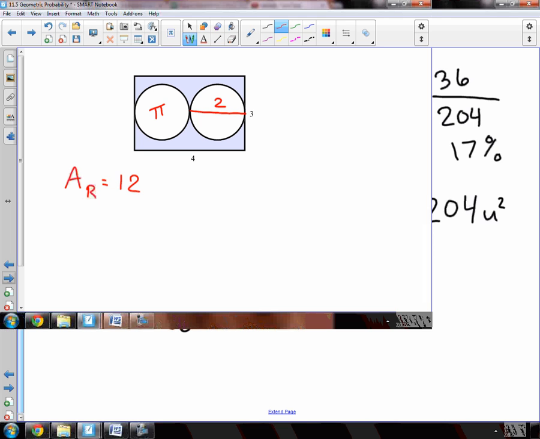Pi again. So we're actually going to subtract 2 pi because of our 2 circles. What do we get? Good. 5.71.